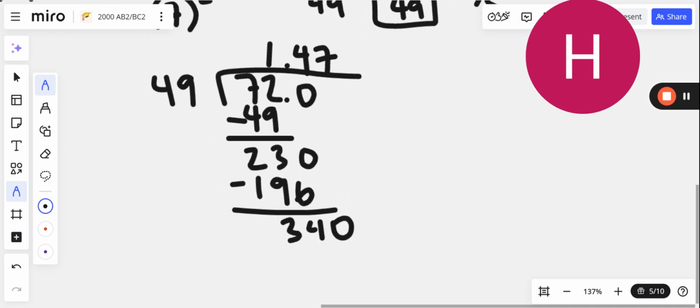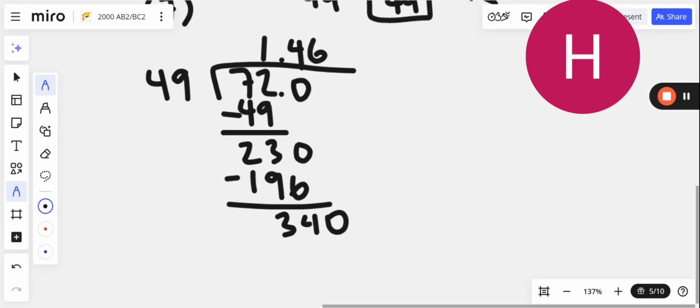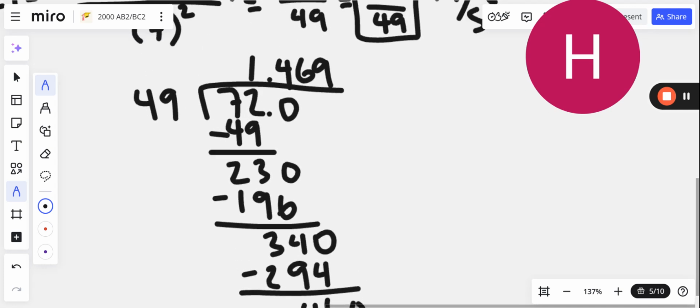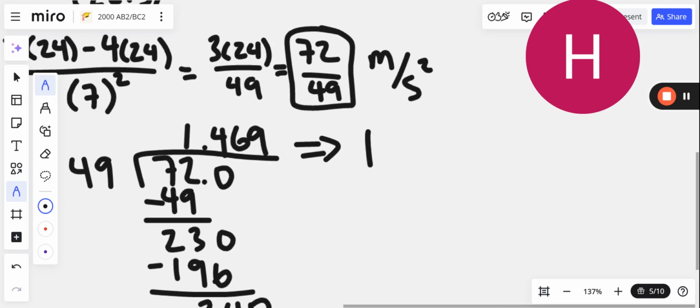Maybe not 7 times. 6 times, sorry. Just barely. That's going to give us 294, leaving us with 46 here. And so that's going to give us a 9. So I think if you wanted to call it 1.47 meters per second squared, that's probably fine.